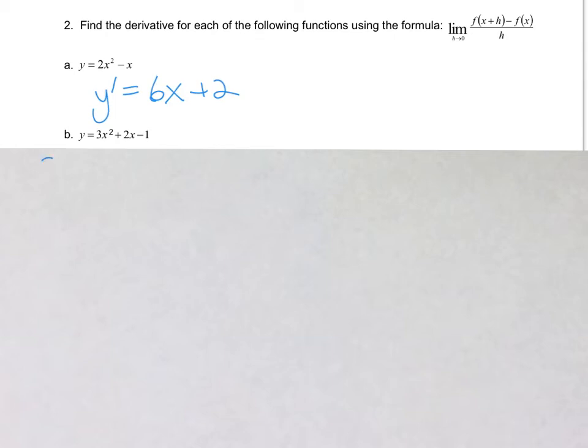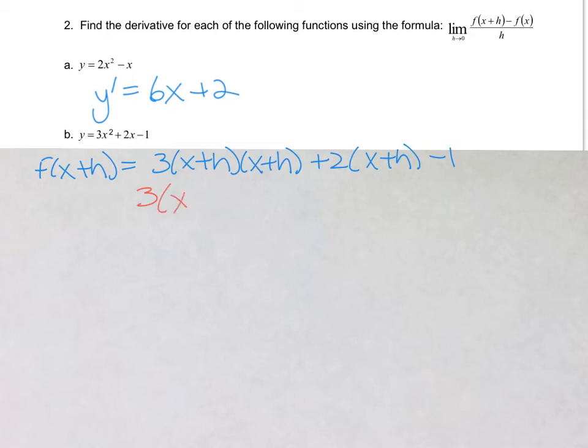So first we need f of x plus h. And I wrote out the x plus h squared so that now I can just multiply it. Distribute the 2. And lastly, we'll distribute the 3.